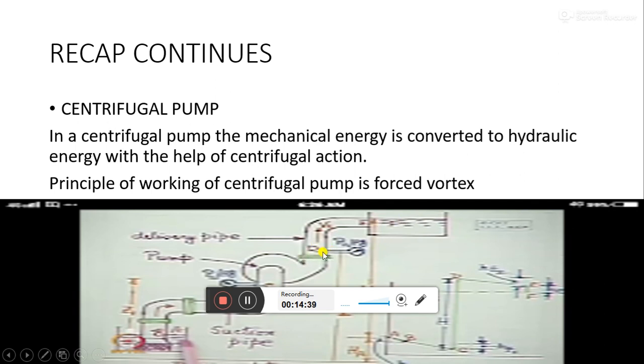This is also done by this pump. This is A, this is B, this is C. According to the notations given in the previous slide, this creates a high pressure point here, which is point C, and it reaches here, which is a low pressure point D.